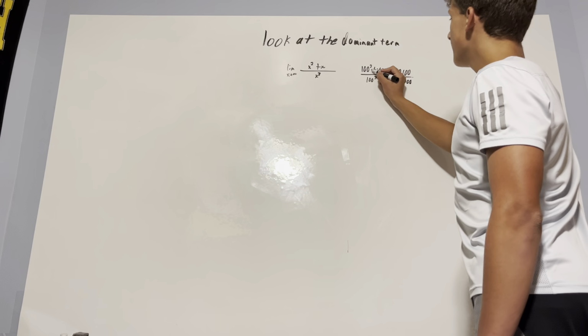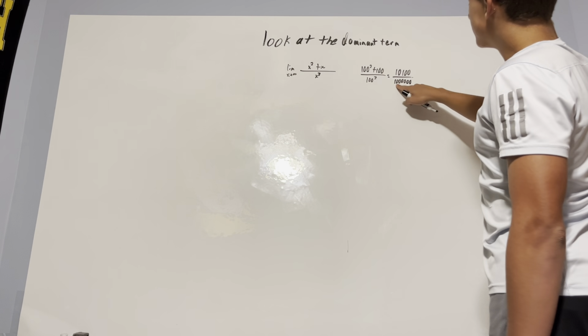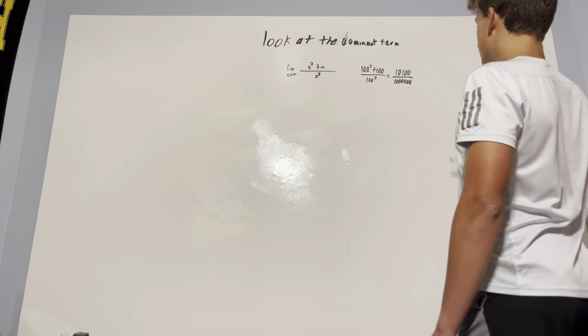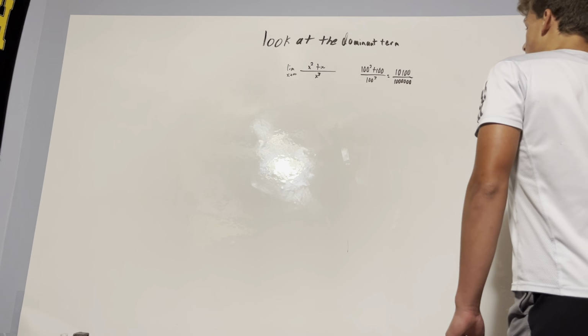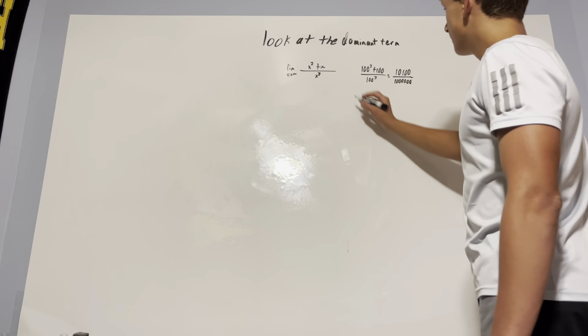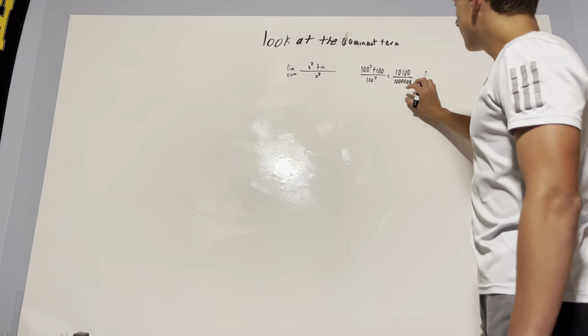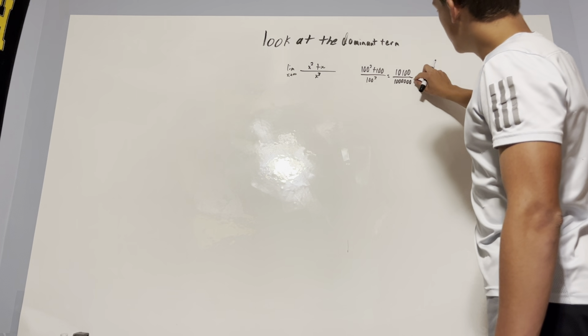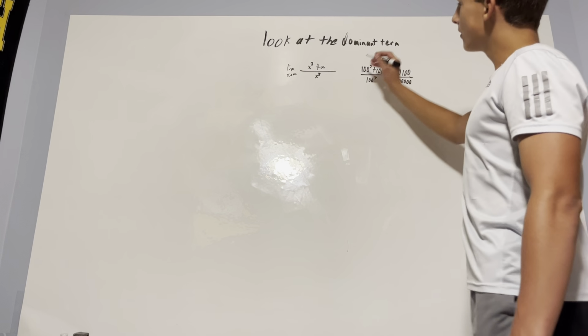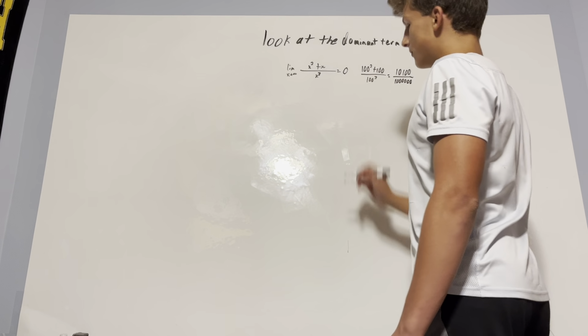Now say we had 1,000, then this denominator would be even larger, much larger than the numerator. And as x approaches infinity, this denominator is going to get infinitely greater than the numerator, and therefore this is going to become 0.